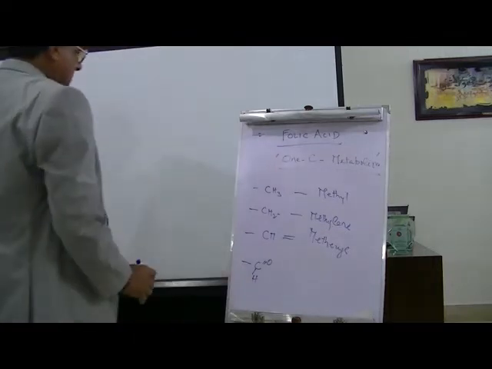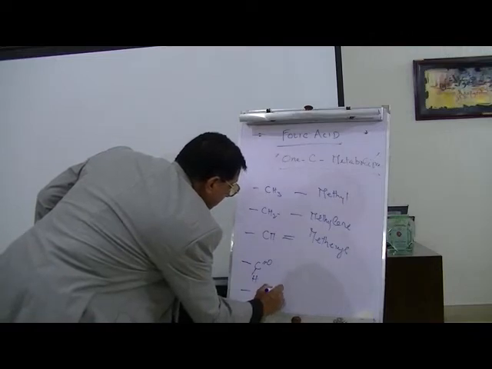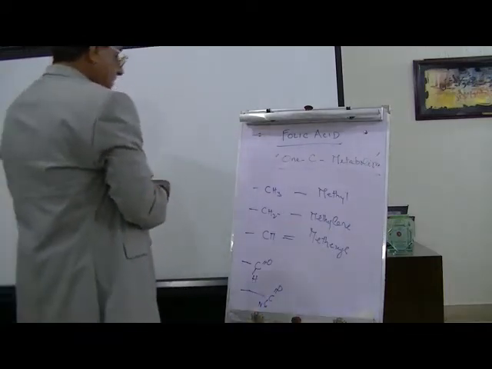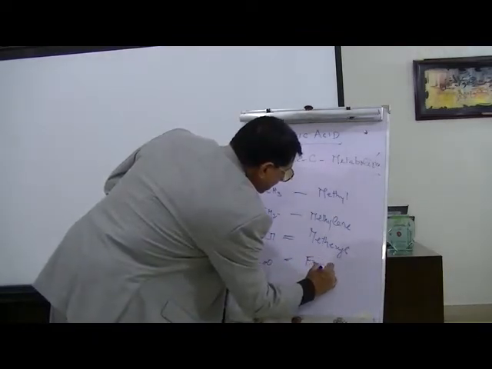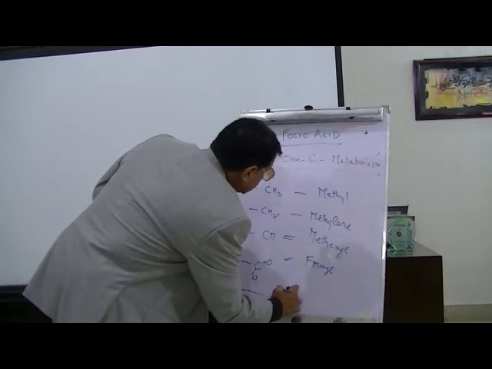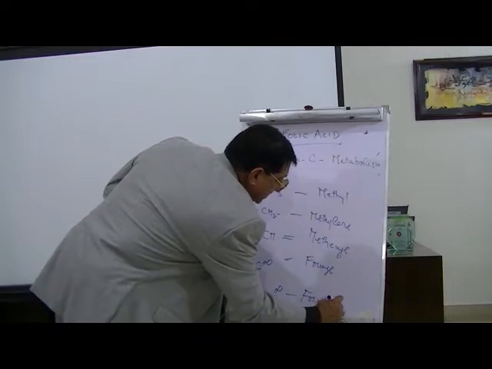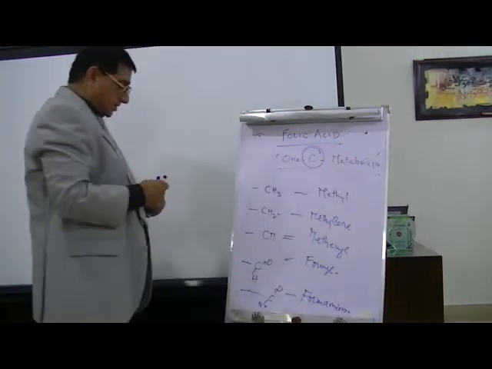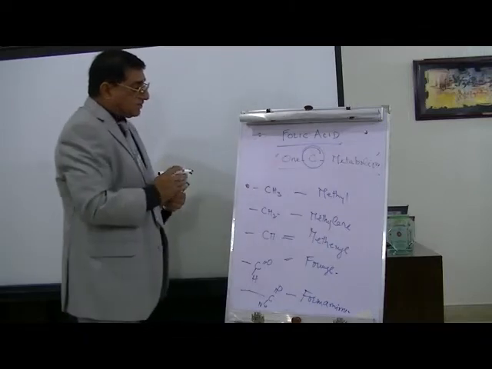This one is formyl, and this one is formimino group. This is all one carbon. You can see that they're all one carbon compounds. This is methyl, it's got one valency available.